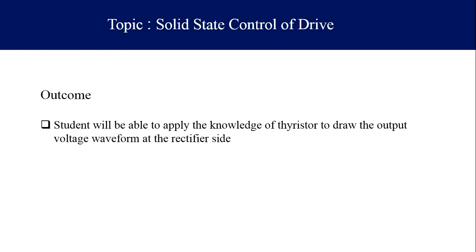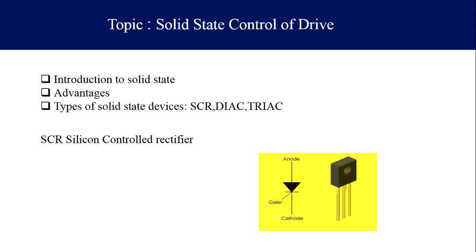The outcome is that by knowing the thyristor, you can draw the output waveforms at the rectifier source, so that you can see how I fire the thyristor and how the output will be at the output side of my drive. Before we start, let us first introduce the topic called solid state.